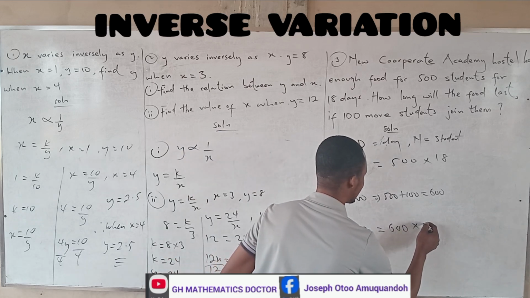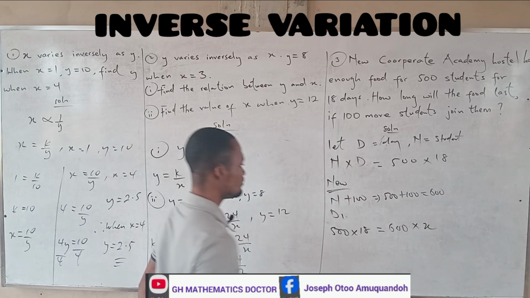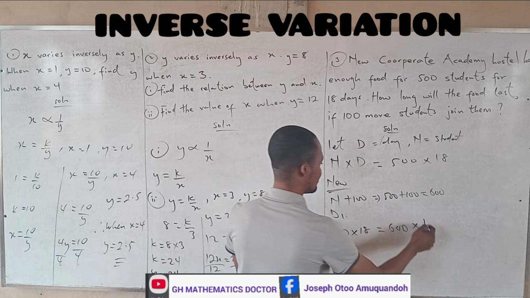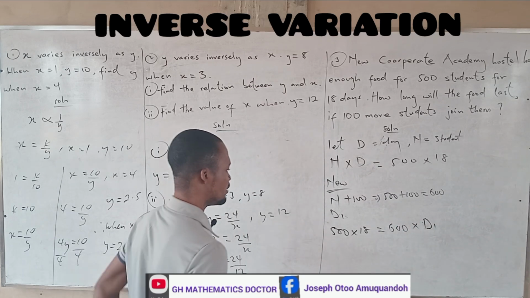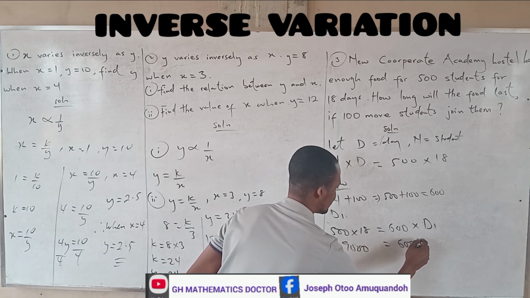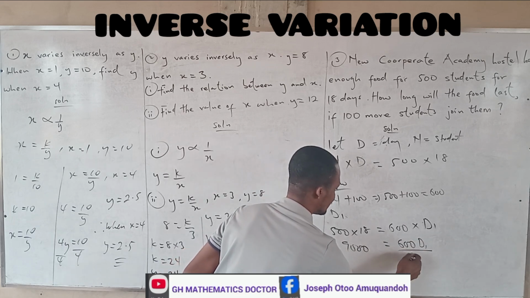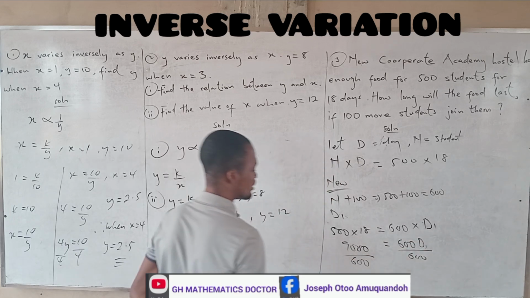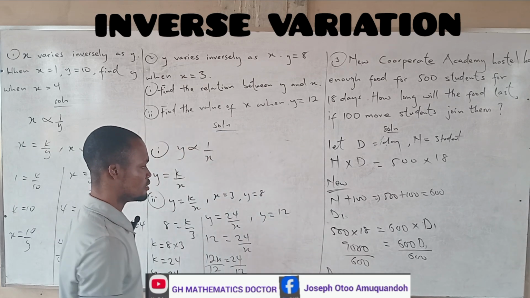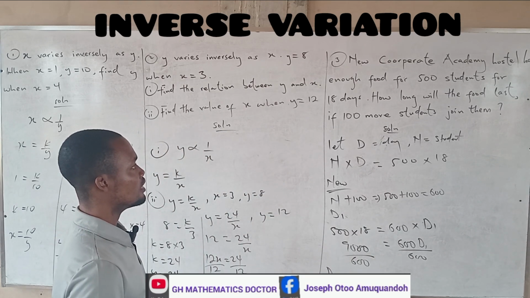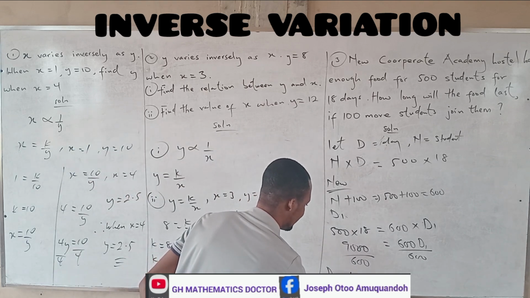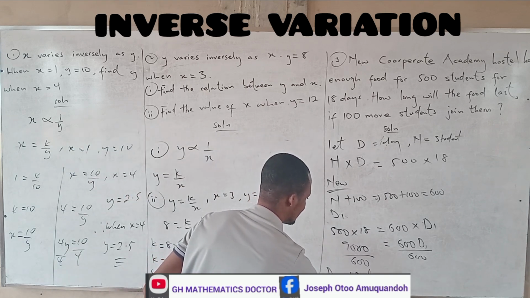So let's use D. Now we solve this: we're going to say that this is 9,000 and this is 600D. So if you want to solve for D, divide both sides by the coefficient, and the number of days when 600 students are present in the hostel eating the same food will be 15. So you have 15 days.